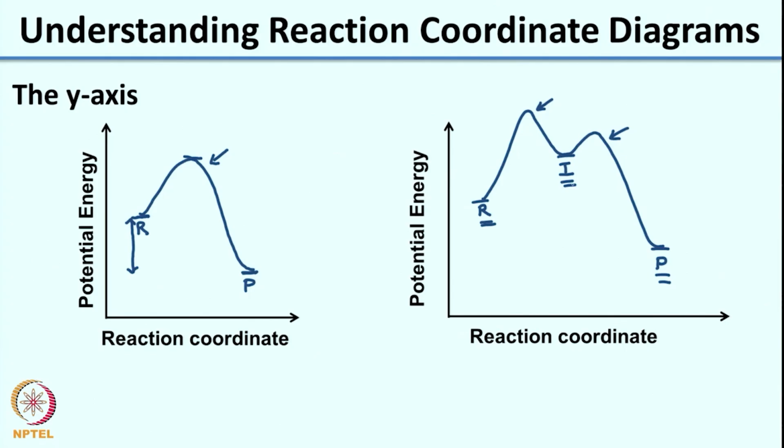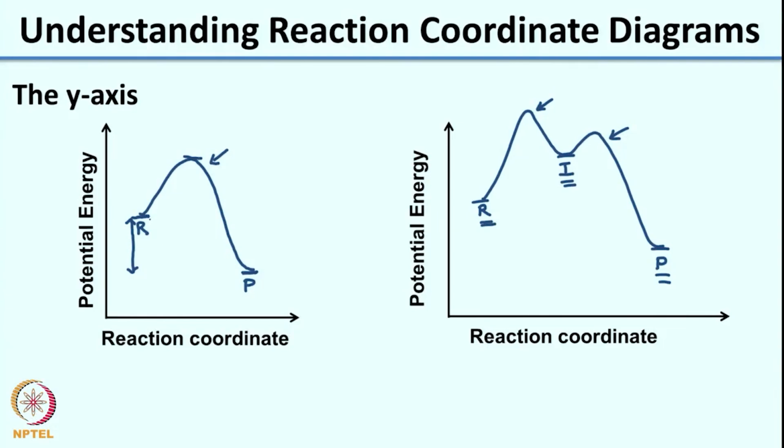As you can see from the y axis, just the fact that you are talking about a hill, you know that the energy of this hill is higher than R and P. Similarly, the energy of both of these hills is higher than R, I and P. Now, this represents a reaction given by R going to P, whereas this represents a reaction given by R going to I going to P. I is your intermediate.